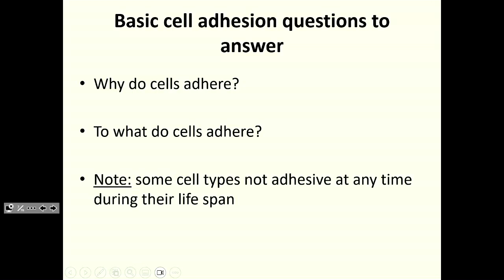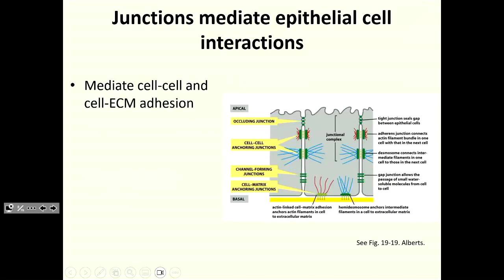Don't write that down. So it's important for some cells to not be adhesive. And when we talk about the adhesive molecules, think about, okay, so these types of cells are not going to normally express the genes that code for these adhesive proteins. They're not normally going to be expressed on our red blood cells, for example, because they should not adhere at any point during their lifespan.